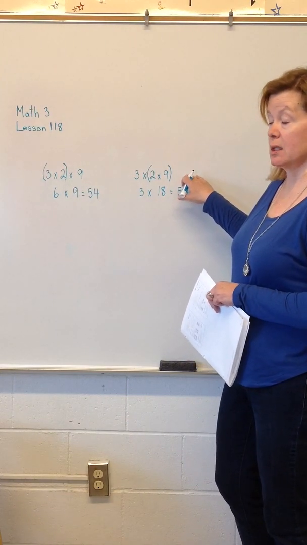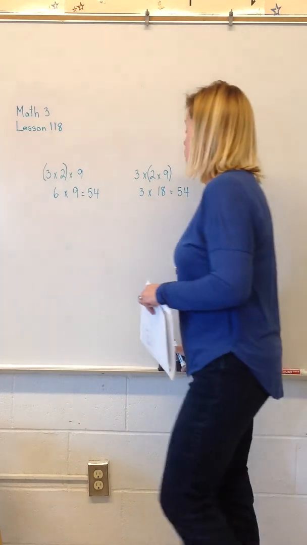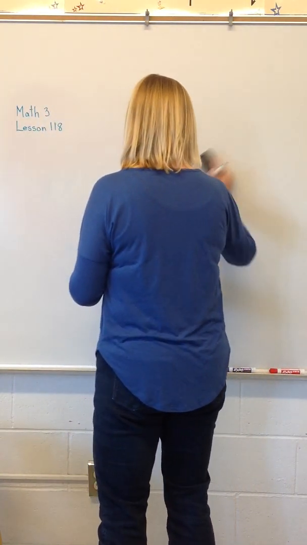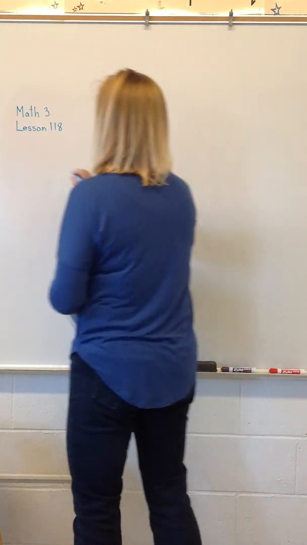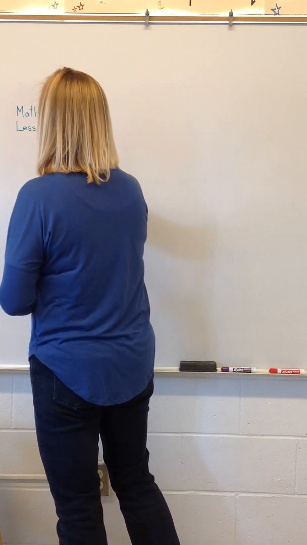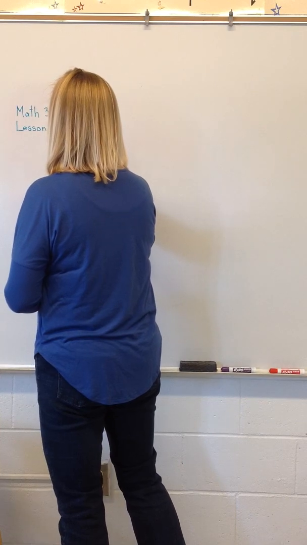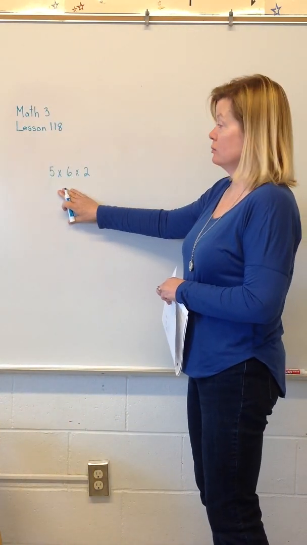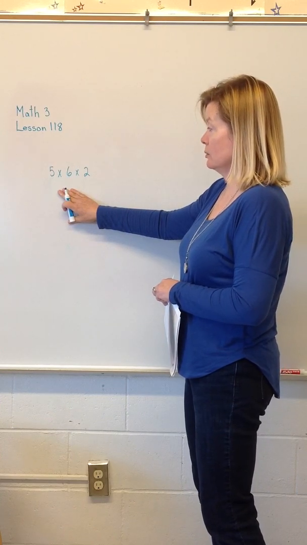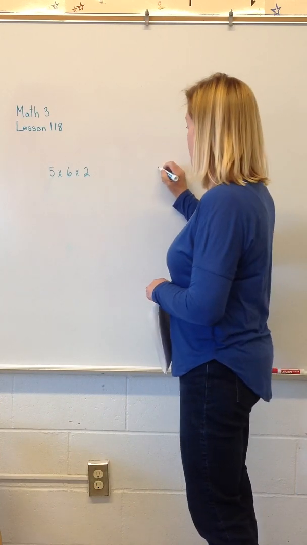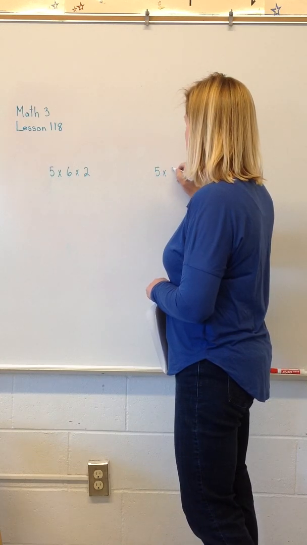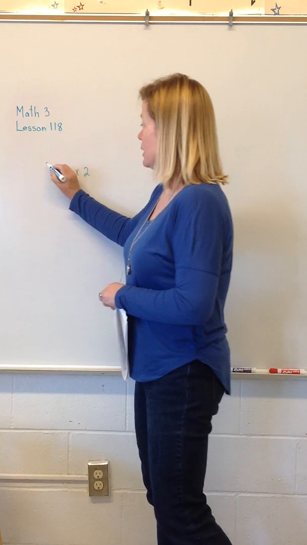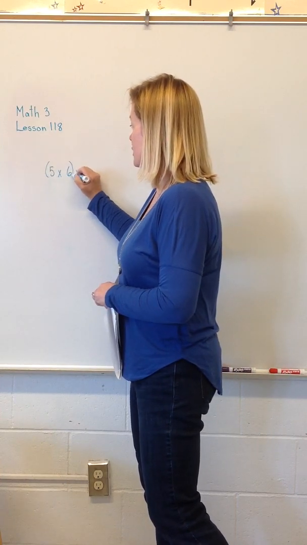Let's try another one and see if it holds true. So there are my factors, 5 times 6 times 2. I'll do it over here. Which way do you think is going to be easier to figure out?